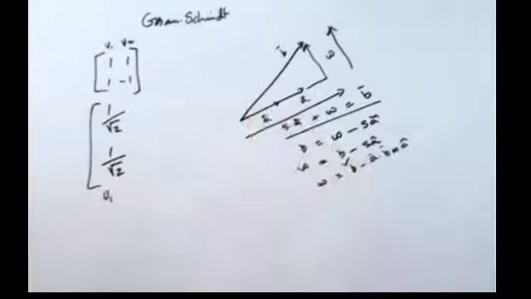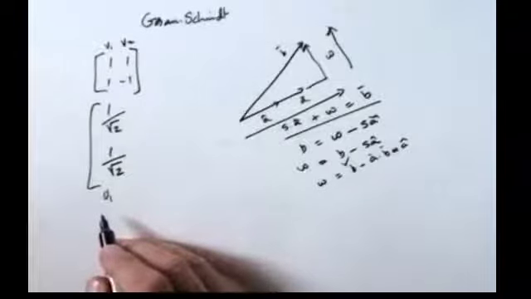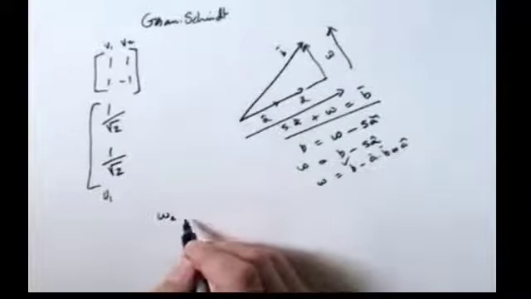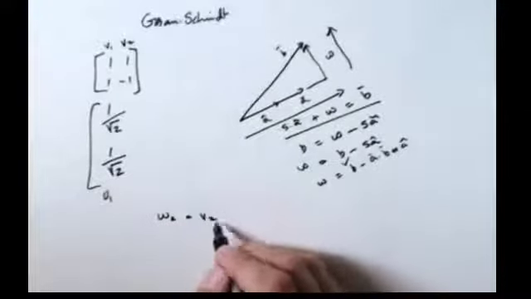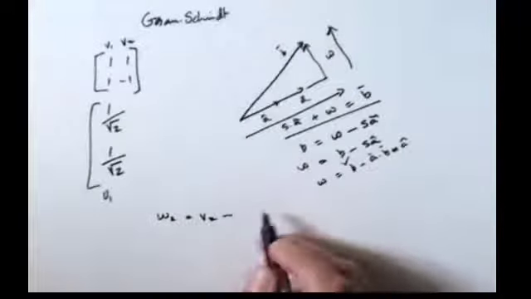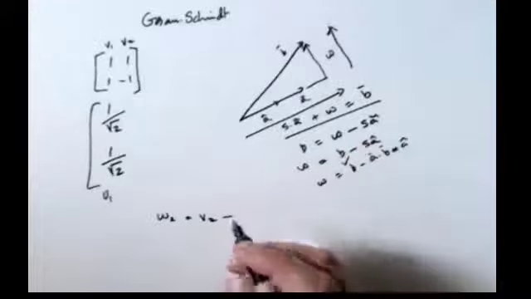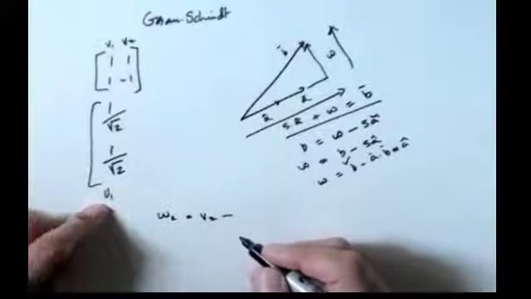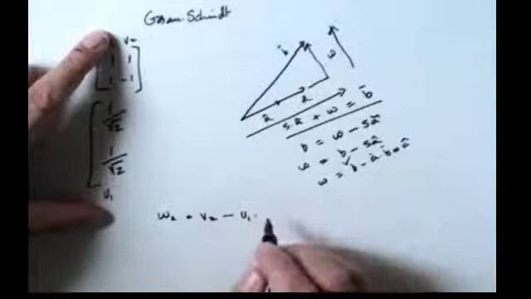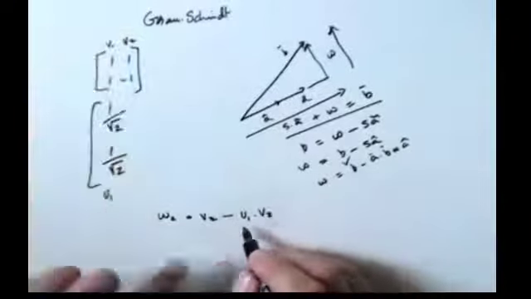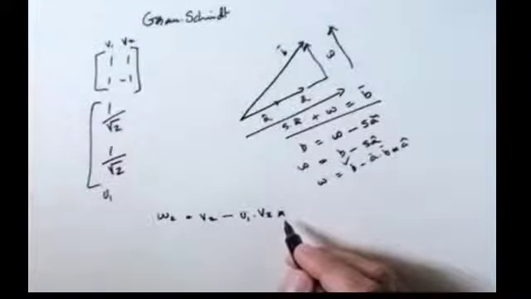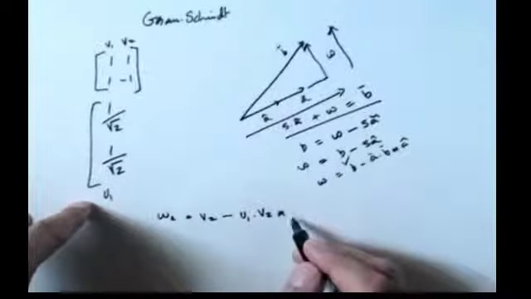So the orthogonal vector, let me call it W2, will be equal to V2 minus this S over here, which is simply the inner product of this U1 with the original V2. So I'll write U1 dot V2. This is the inner product, or scalar product. And then I multiply this whole thing in this direction. This is U1.